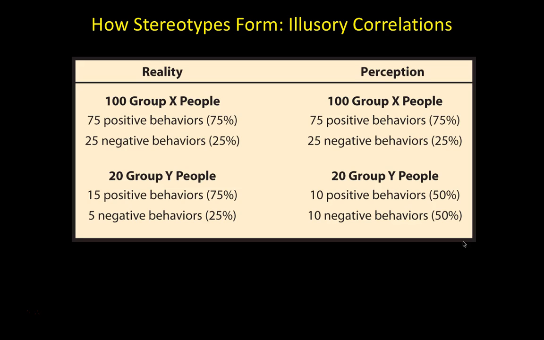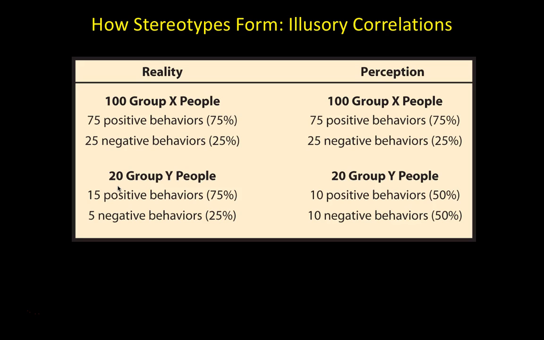There are people in group X, the majority group, and most of the people you can see are group X people, and then there's a minority group, the group Y people.